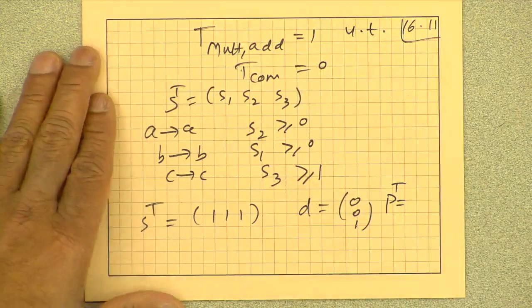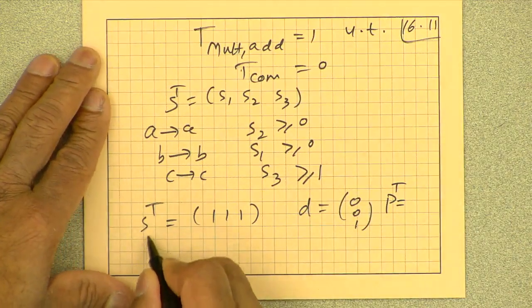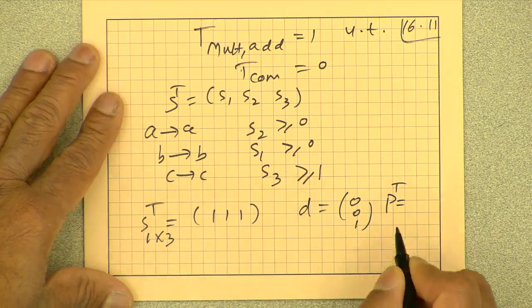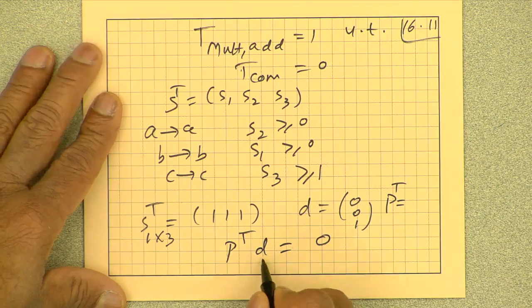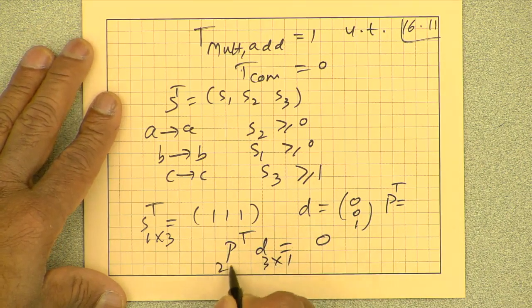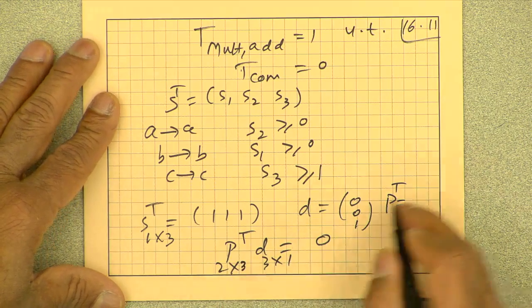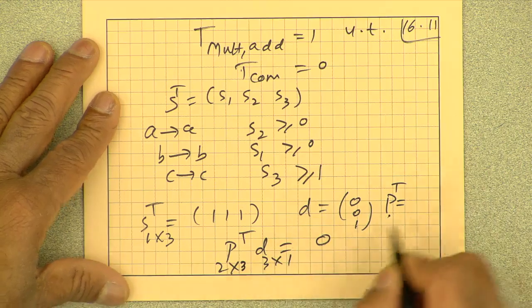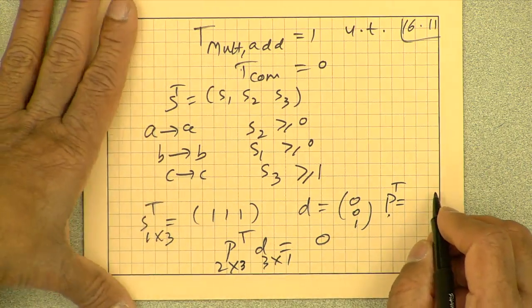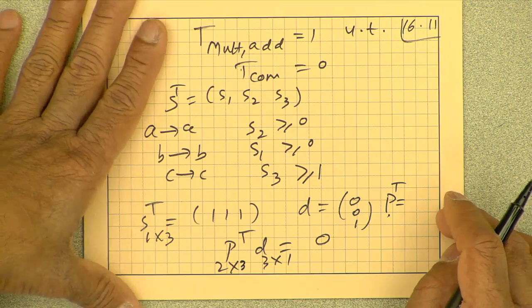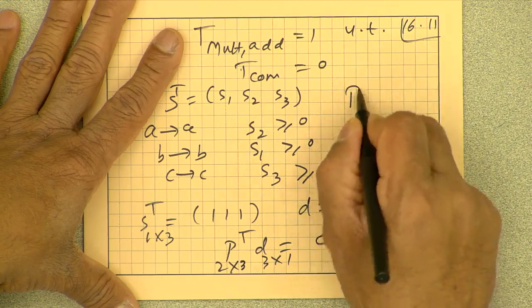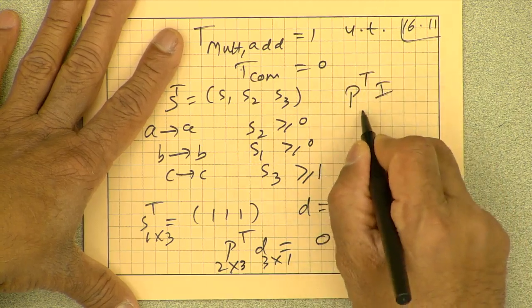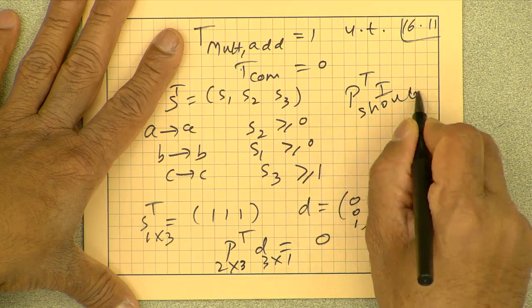So, the processor displacement vector, this S transpose is 1 by 3 and P transpose D should equal 0, and D is 3 by 1, and the processor vector must be 2 by 3, because I need P transpose I to be 2-dimensional.